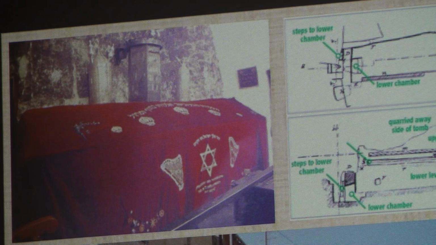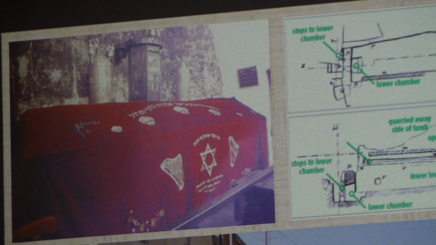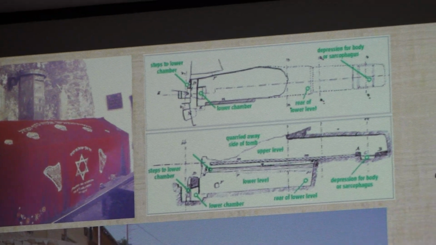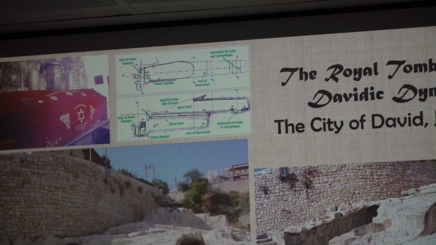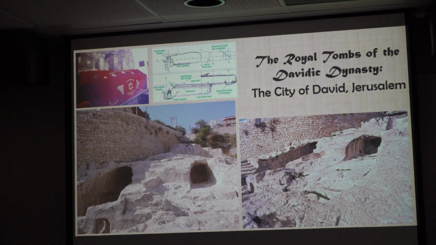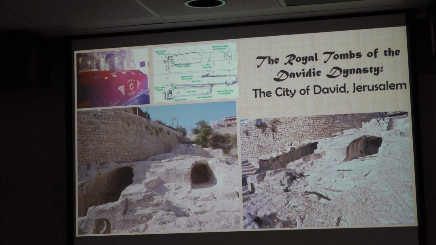Mount Zion today is not Mount Zion at the time of the Bible. Mount Zion is the top of the western hill. It's misnamed, and this tomb was certainly not the tomb of David. There may have been tombs of the later kings of Judah on top of Mount Zion because of the palace of the Garden of Uzzah that Manasseh and his successors lived in, and that might have been atop Mount Zion.